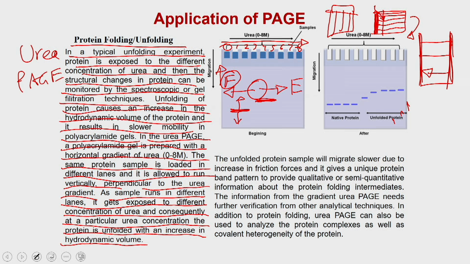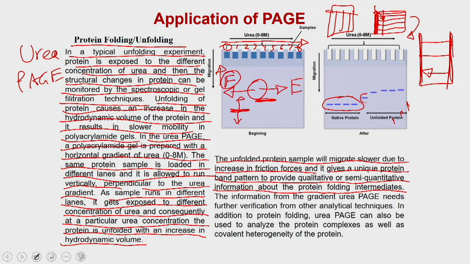And at that point the frictional forces will go up. That is what you see: the native proteins run more, and the unfolded protein will migrate slower due to the increase in frictional forces, and it gives unique protein bands to provide qualitative or semi-qualitative information about the protein folding intermediate.